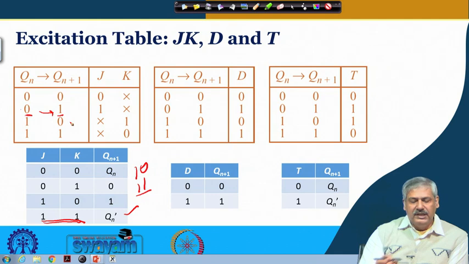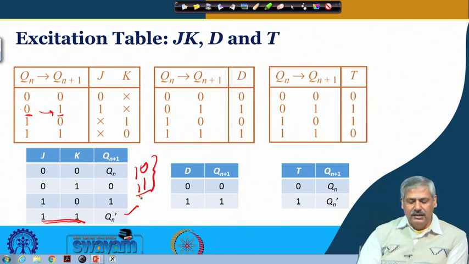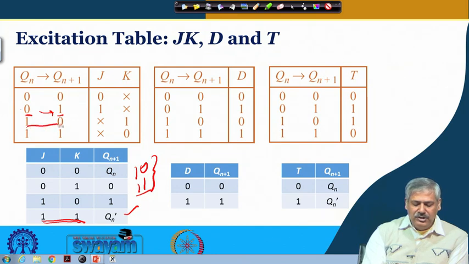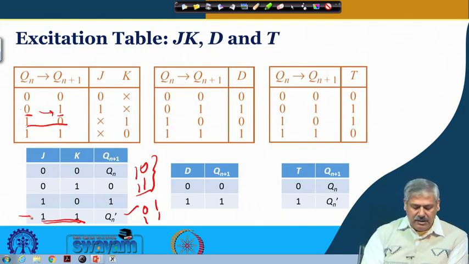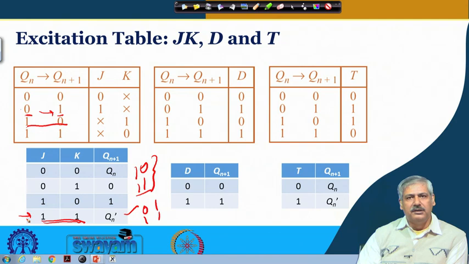Because that is how things get set, similar to SR flip-flop setting. So a 0 to 1 transition is possible with either of these excitations at the JK flip-flop input. So we can put this as 1 cross, similar to what we did for the SR flip-flop excitation table. Similarly, for the 1 to 0 transition, earlier it was only 0, 1, now 1, 1 is also possible because of this toggling part of the truth table in the JK flip-flop. So this becomes cross 1.